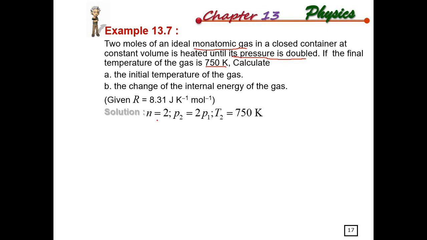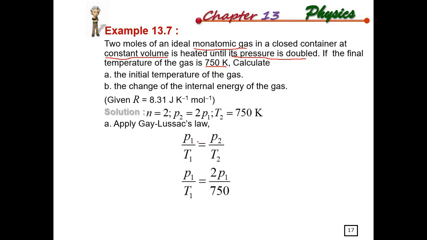Given n equals 2, P2, the final pressure, is 2 times the initial pressure P1, and T2, the final temperature, equals 750 Kelvin. We will use the Gay-Lussac law because the volume is constant.